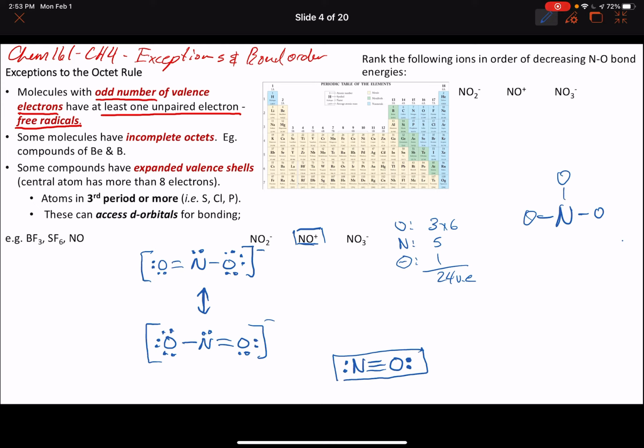And we've used 6, so now 18 to go. 2, 4, 6, 2, 4, 6, that's 12, 2, 4, 6, there's our 18. All the electrons are in our structure, and now we need to satisfy the octet of the central atom. Nitrogen is missing one, so we consider borrowing a pair of electrons from one of the oxygens.